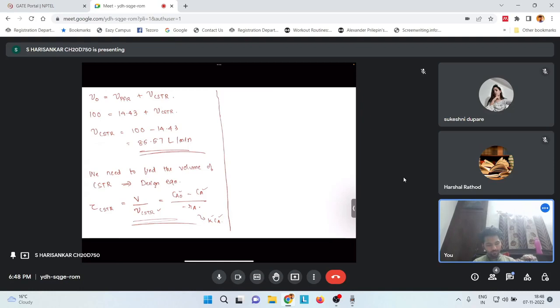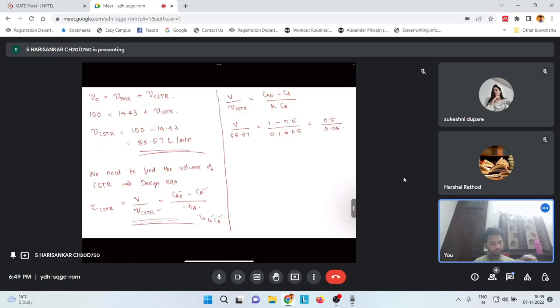Now we can substitute all these values and find the volume of the CSTR. So V by nu CSTR is equal to CA0 minus CA by KCA. So V by 85.57 is equal to CA0, that is 1, minus CA, that is 0.5, by 0.1 into 0.5. So if we do the right hand side, it will be 0.5 by 0.05.